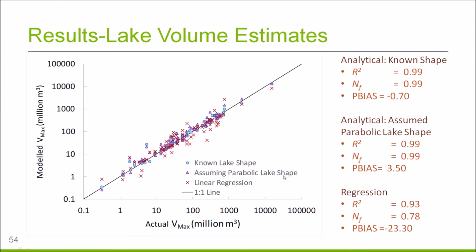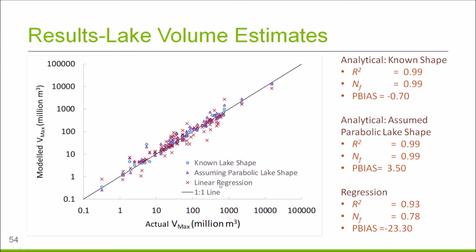If you assume a parabolic shape, then you can eliminate one of those parameters, which is M, right? And then you estimate lake volume, and those are shown by the triangular points. Now you are applying a little bit of uncertainty, so that's why your percent bias is a little bit more than before.